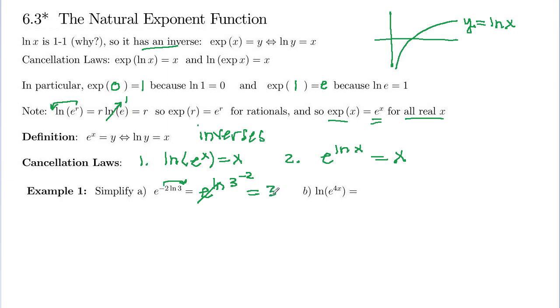So that's 3 to the negative 2, which is 1 over 3 squared, which is 1/9. And then let's look at one the other way. If we do natural log of e to the 4x, ln and e will cancel each other. We get 4x. So when exponentials and logs occur together inside an expression, you can use your cancellation laws to simplify.